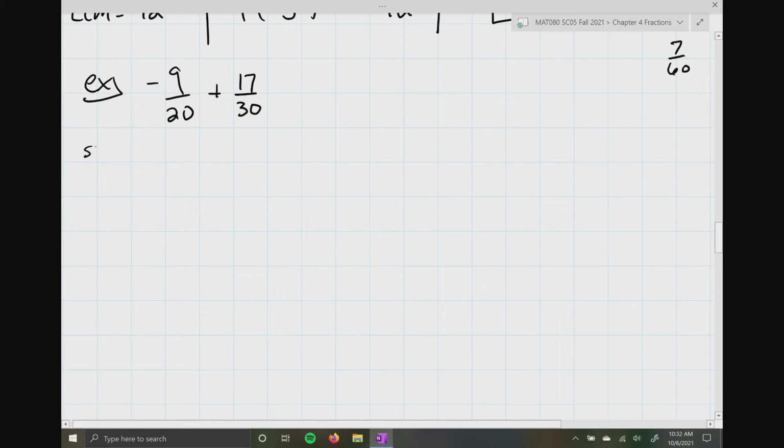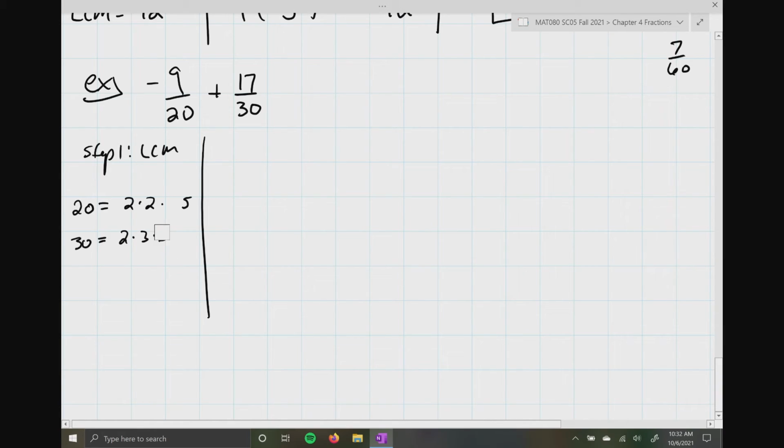Step 1, lowest common multiple. So 20 is going to equal 2 times 2 times 5. 30 is going to be, what is that? 2 times 3 times 5? Yep.